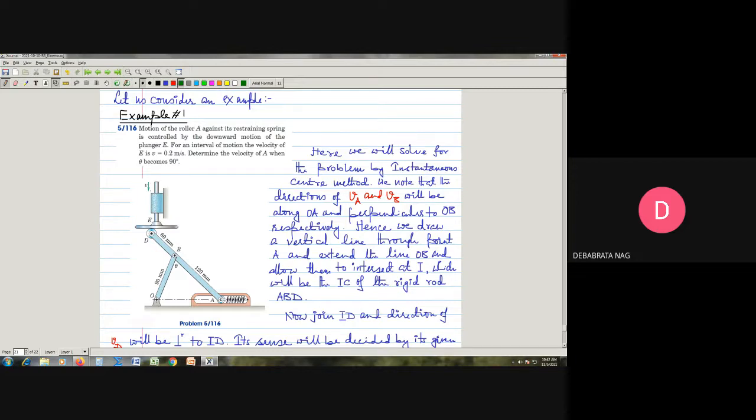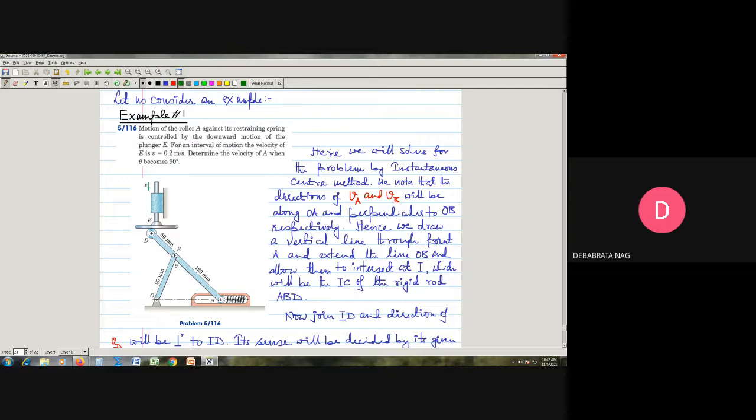This is small v, in the downward direction, and the magnitude of this velocity is given as 0.2 meter per second, and we need to determine the velocity of the point A. We have to find the velocity of point A when the angle theta, the angle between this crank and this connecting link, becomes equal to 90 degrees. Correct? So that is basically our problem.